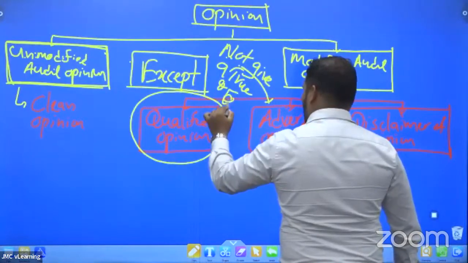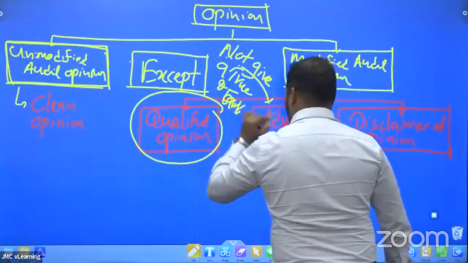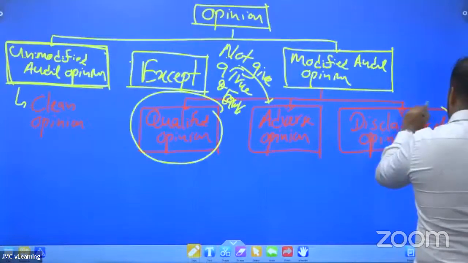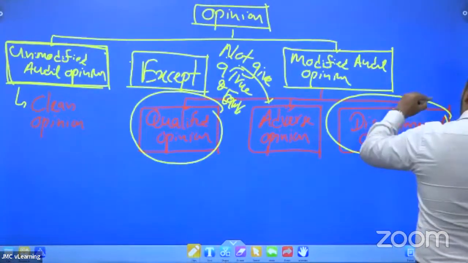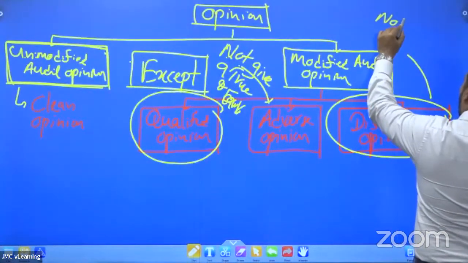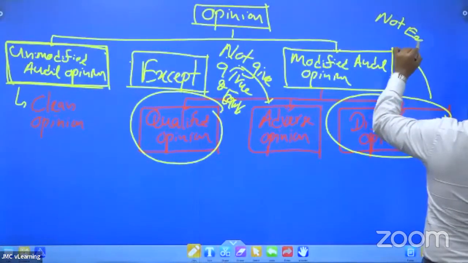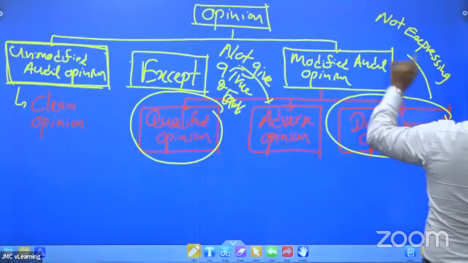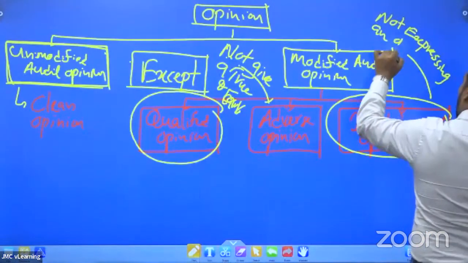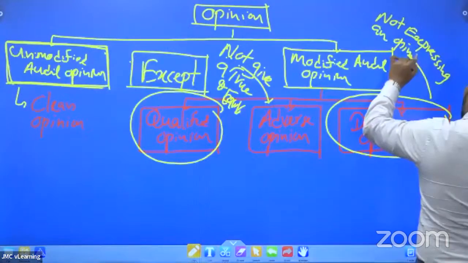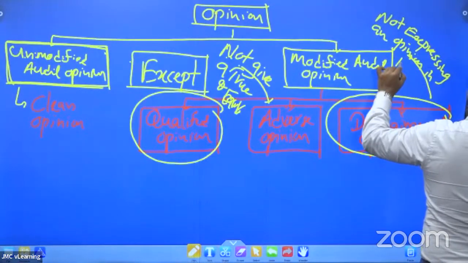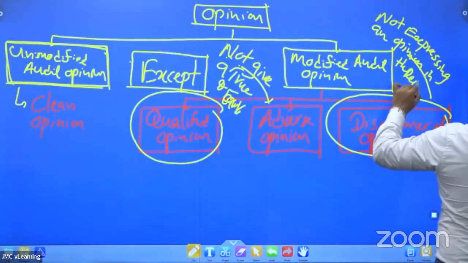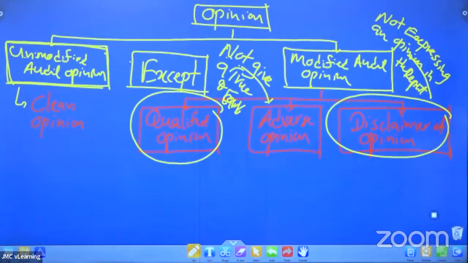A disclaimer of opinion is a situation where you are not expressing an opinion in the audit report.